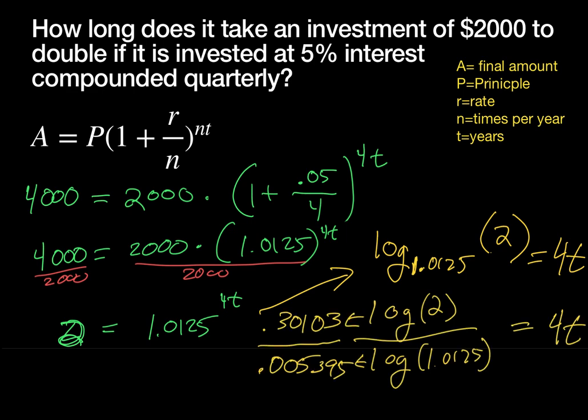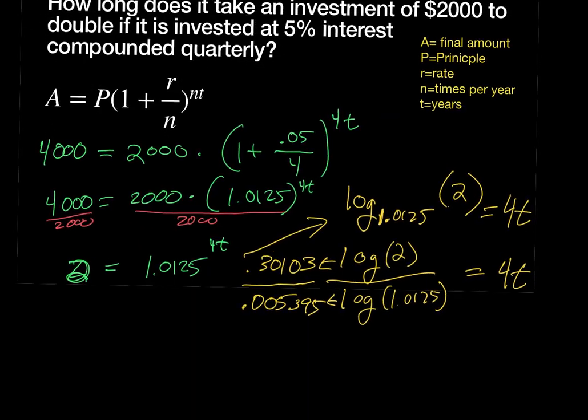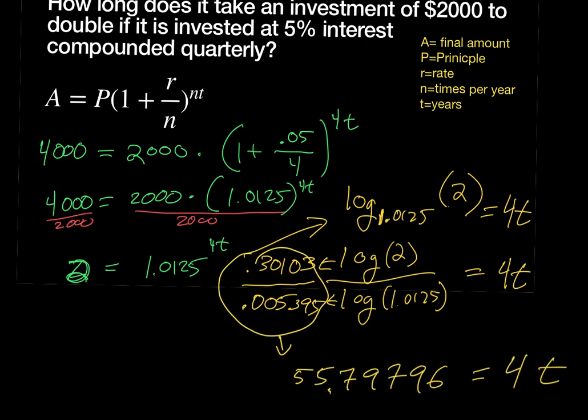Now, let's divide those two. 0.30103 divided by 0.005395. And this fraction simplifies to 55.79796. This equals 4 times t.